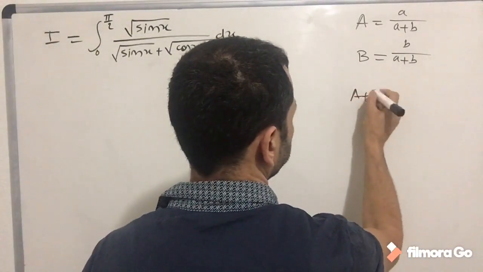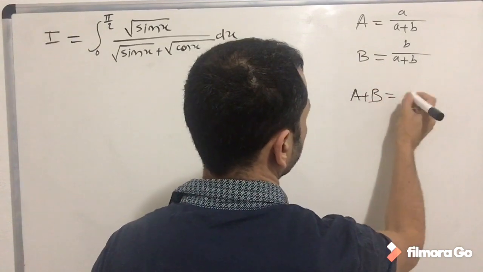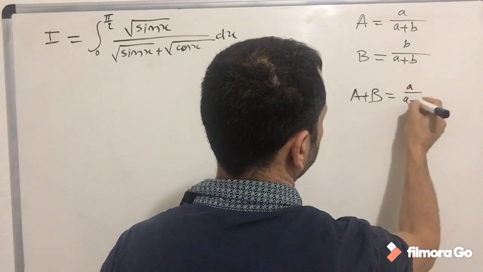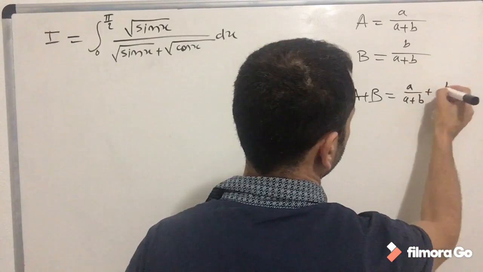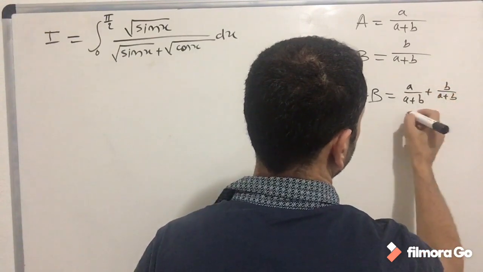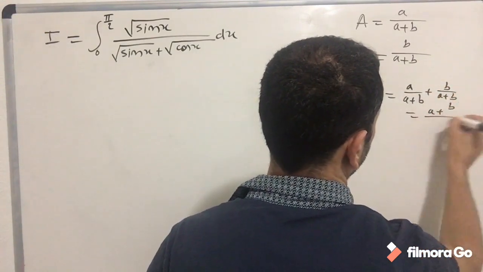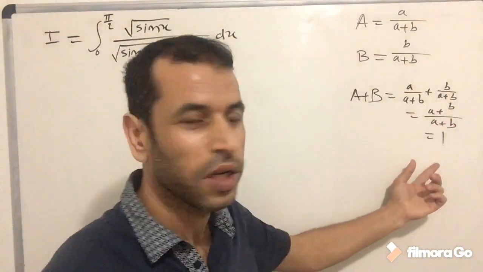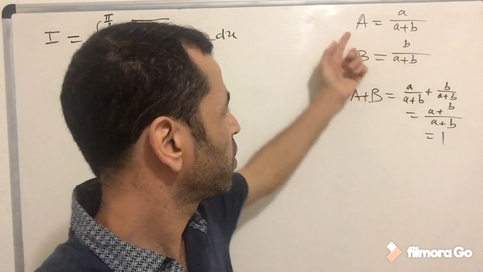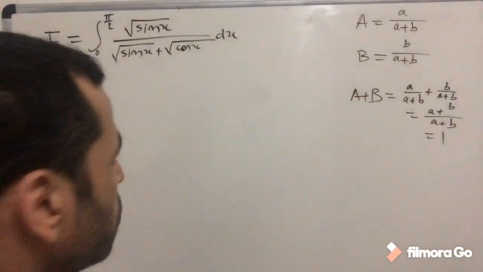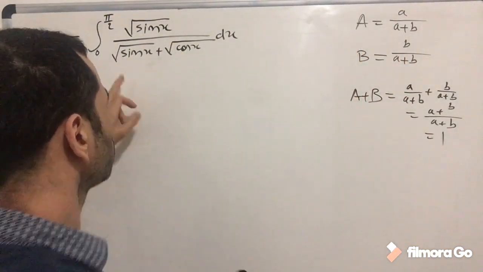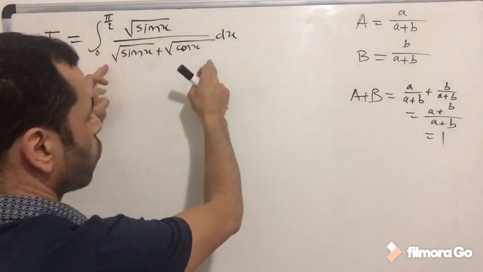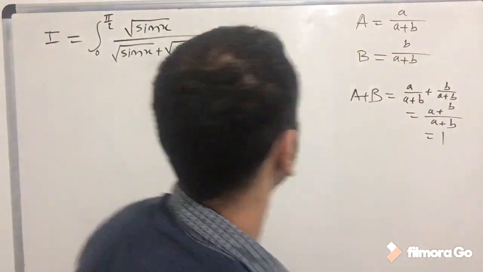A plus B equals a over a plus b plus b over a plus b, which is a plus b over a plus b, equal to 1. It's wonderful, you see, it gives us 1. So, is there any connection between this form and our integral? Yes, there is a connection.